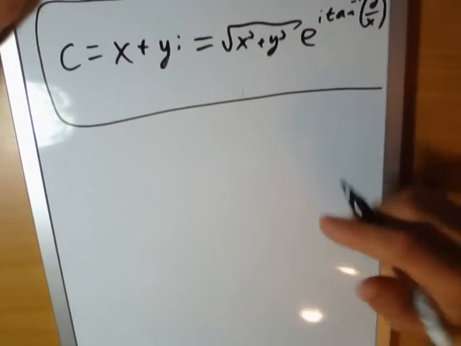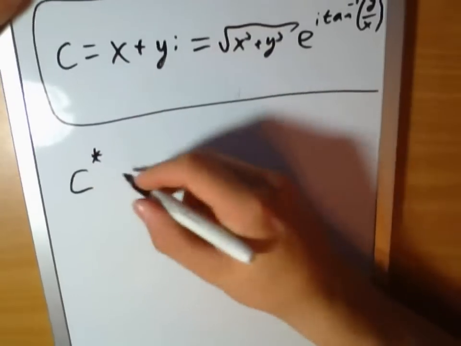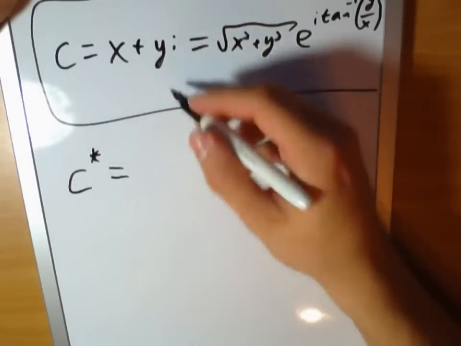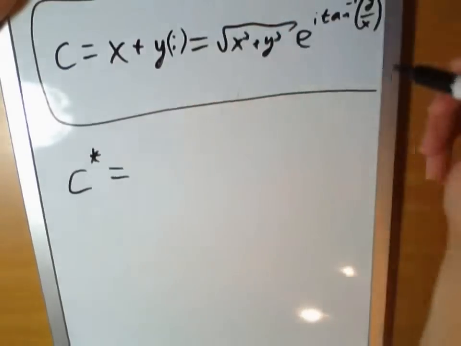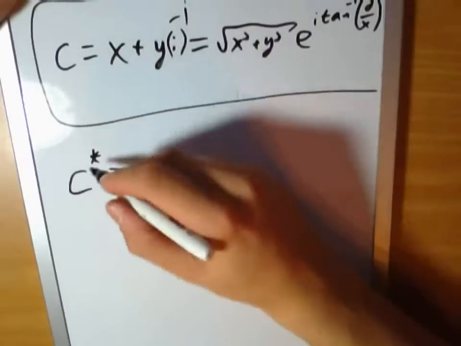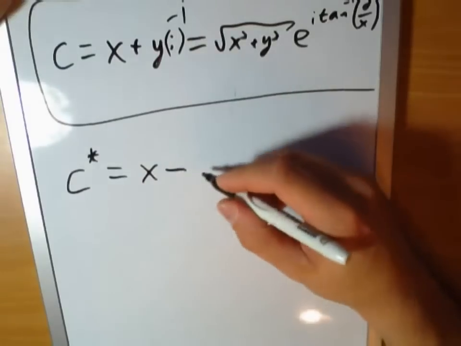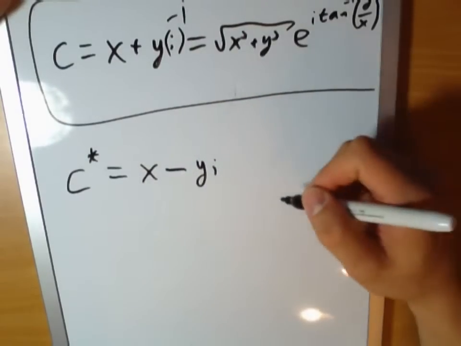One last thing I'm going to touch on: complex conjugates. Standard notation, C star. This is, you take any i you see, and you turn it into a negative i. So the complex conjugate of C, denoted by this star, is equal to x minus yi.